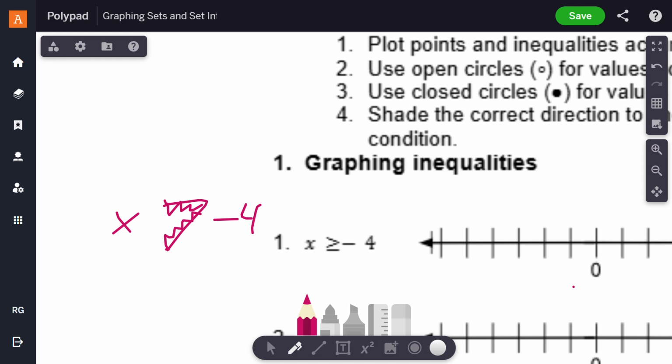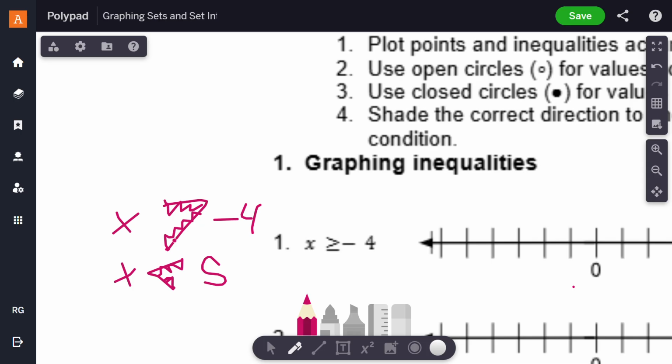So we read left to right, so we'll say x, and then we'll identify, is the inequality sign going towards x or away from x? Again, if it's going towards x, then x is greater than -4. If it's going away from x, then x is less than 5 in this example.